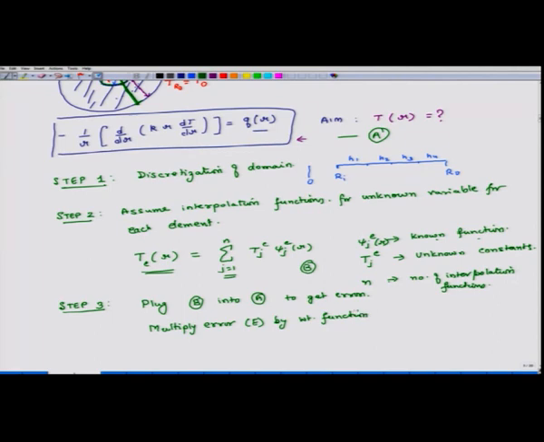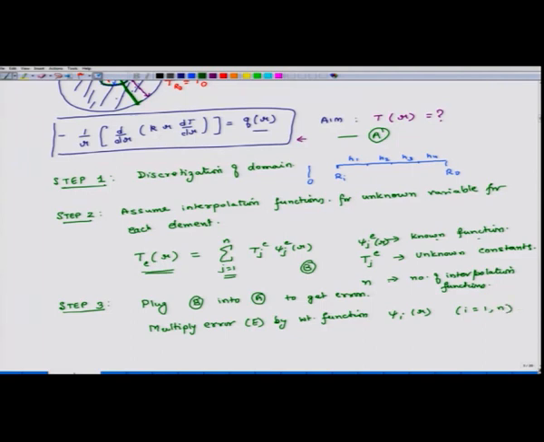Now, how do we choose weight functions? We will see that later, and we have also explained that in FEA 1. So, we multiply the error by a weight function, and here we will just pick a weight function, psi I, which is again a function of r, and the value of I could vary from 1 to n.